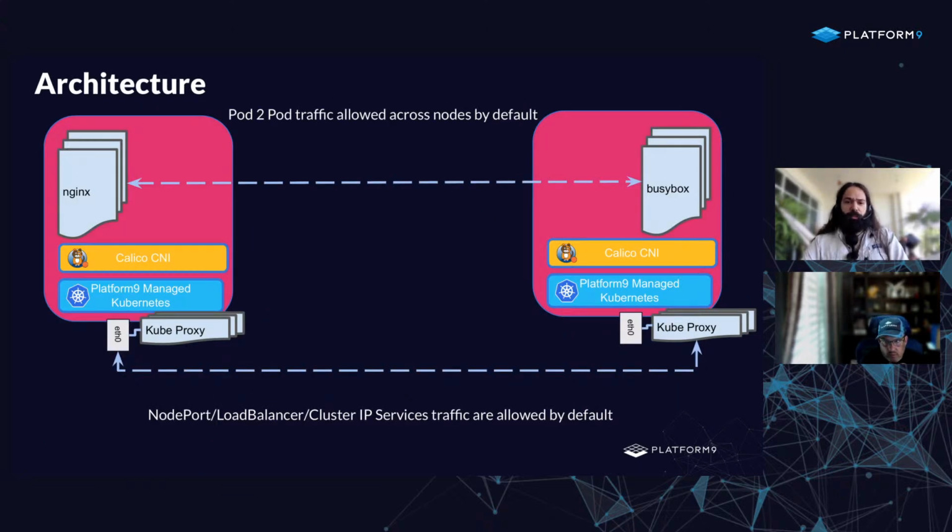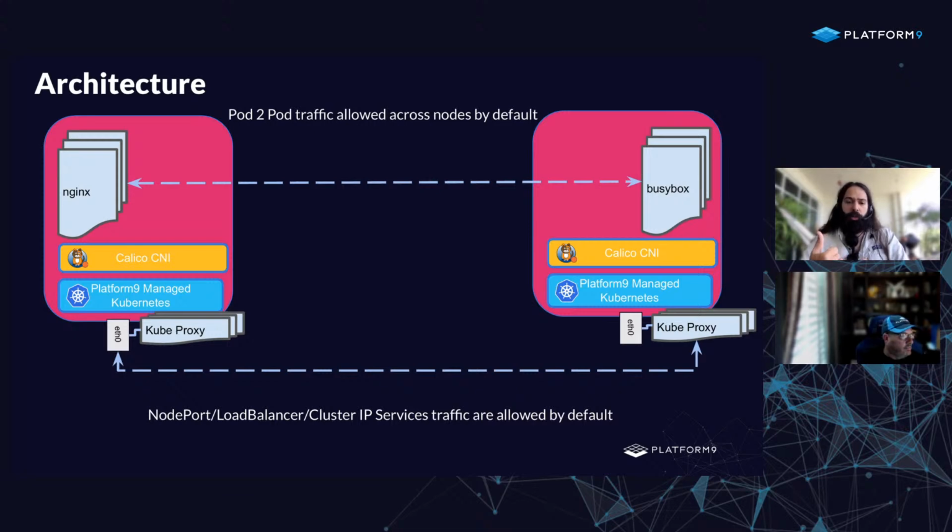All right. As we mentioned before, in an out-of-the-box Kubernetes cluster, and this can also be a Platform9 one, you deploy it, and pod-to-pod communication is allowed by default. It can cross two worker nodes, and that's perfectly fine.